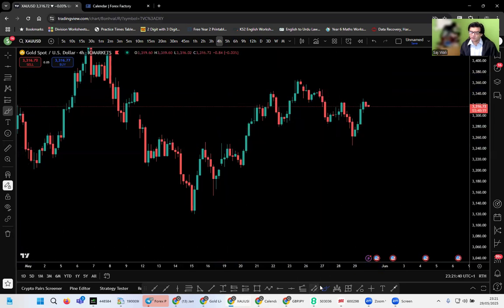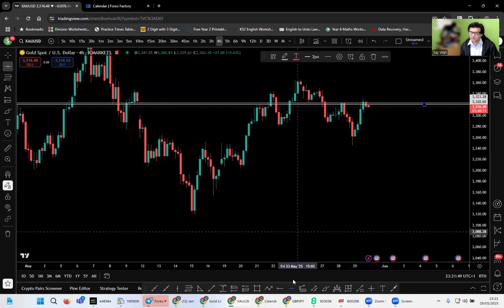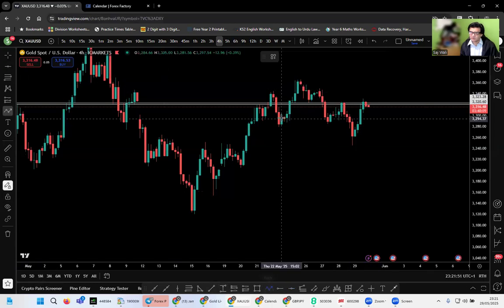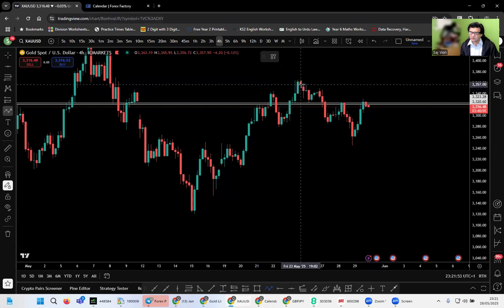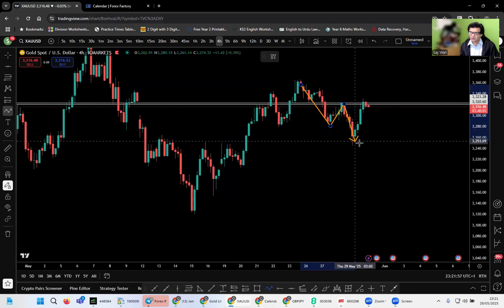Now it's very important for the market to break this level before it goes to the upside. So what happens in 4 hours, as you can see, this 4 hour level was broken.